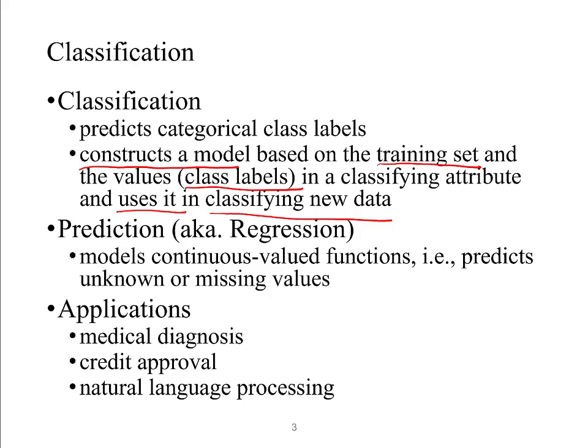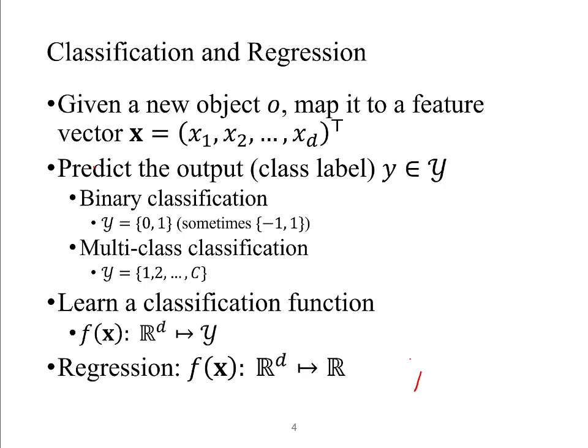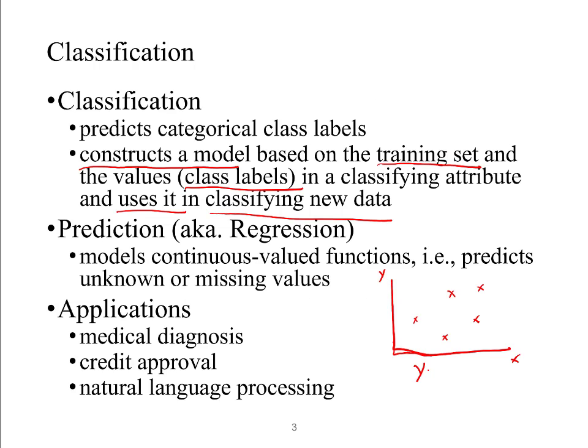So an example of prediction or regression is linear regression, where we have these points and we want to find a linear function, y equals ax, such that we can best fit the points here.